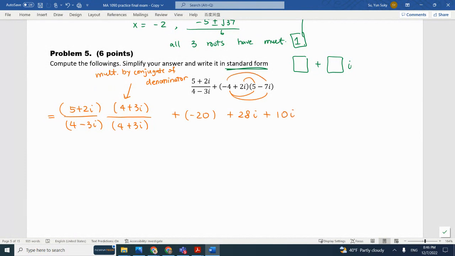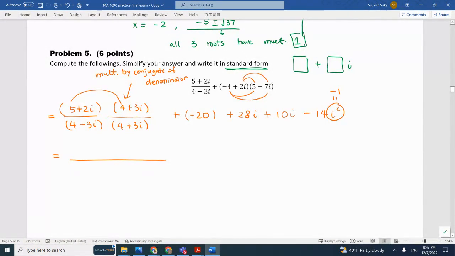And then 2i times negative 7i is negative 14i squared. But you know i squared is negative 1. Okay, so keep going.